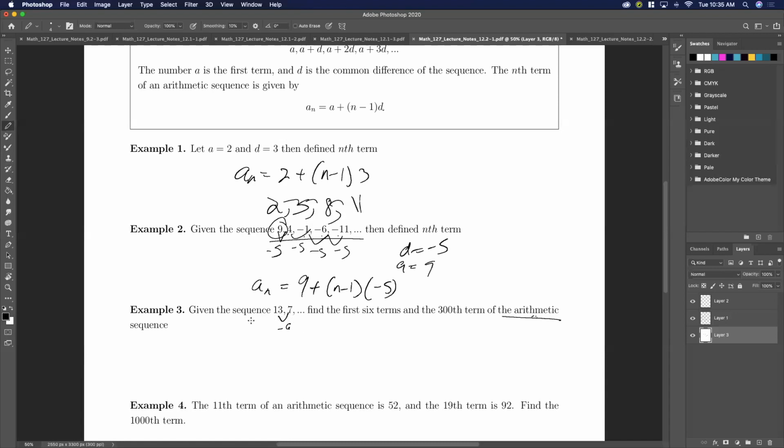So the first 6 terms would be 13. -6 from 13 is 7. -6 from 7 is 1. -6 from 1 is -5. -6 from -5 would be -11. -6 from -11 is -17.